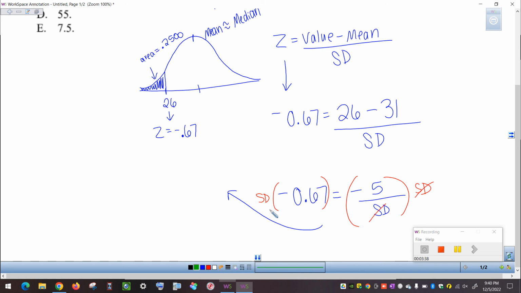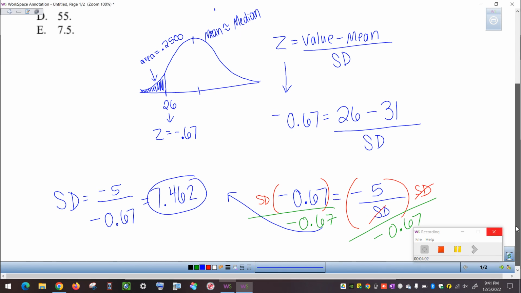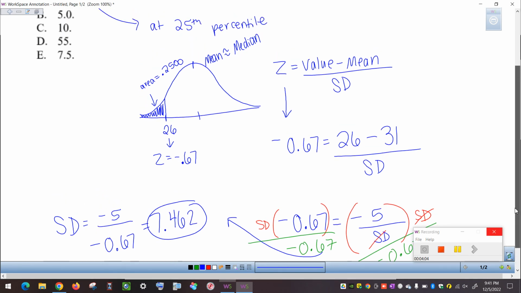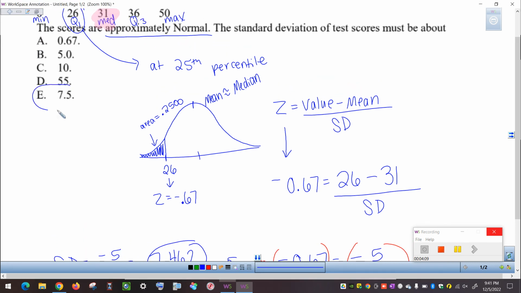But then we still want to get the standard deviation by itself, so we can divide everything on both sides by negative 0.67. So to get my final answer here, we are going to do negative 5 divided by negative 0.67, and that's going to give us an answer of about 7.462. So it looks like that is closest to the answer choice E of 7.5.